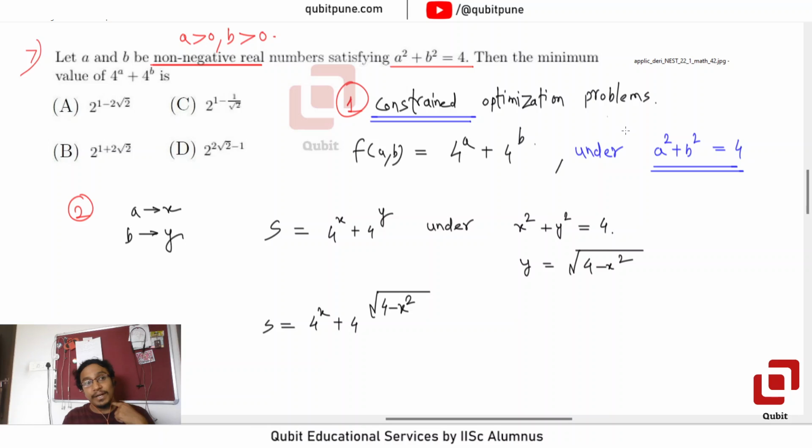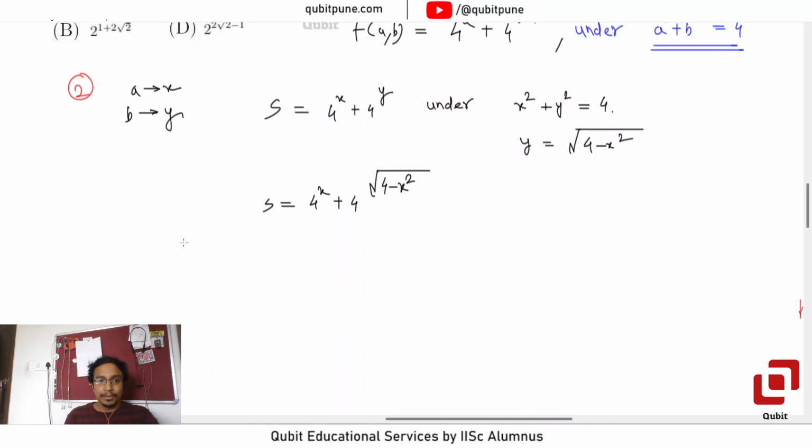Now if you want to find the minimum value, what would you do? You would first take the derivative, equate it to 0, solve. Okay, you'll get the x values. Then you go for d2s by dx squared, and for the minimum this should be positive.